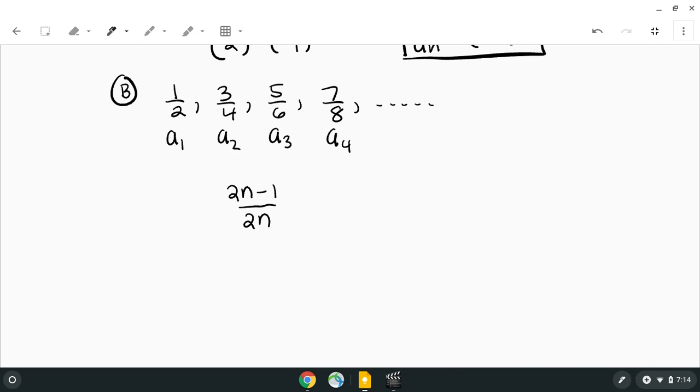So we have that. There's different ways to come about it. Some people may have seen this relationship between the numerator and the denominator and said, oh, it's 1 less, okay?